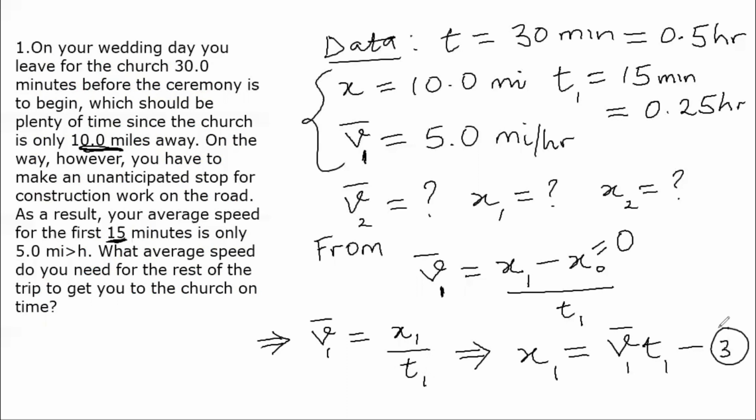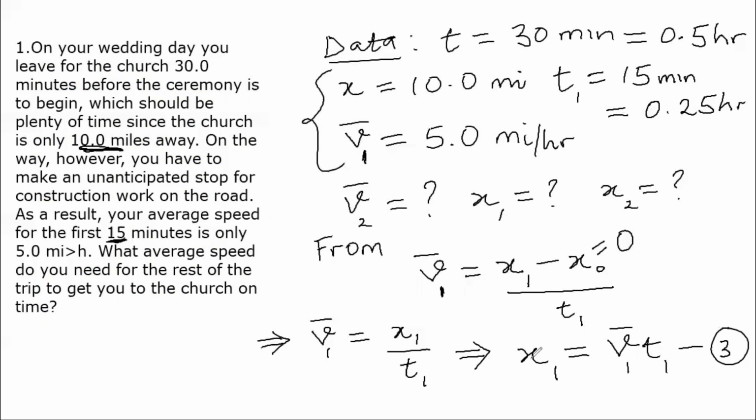Now, if you look at this equation, I already know my V1, it has been given, it is 5 miles per hour. And I also know that the T1 that has been given is 0.25 hours.